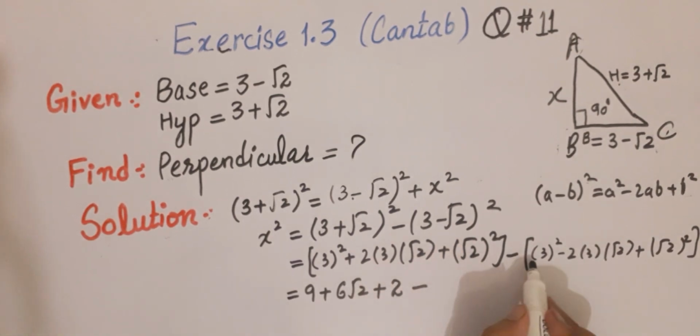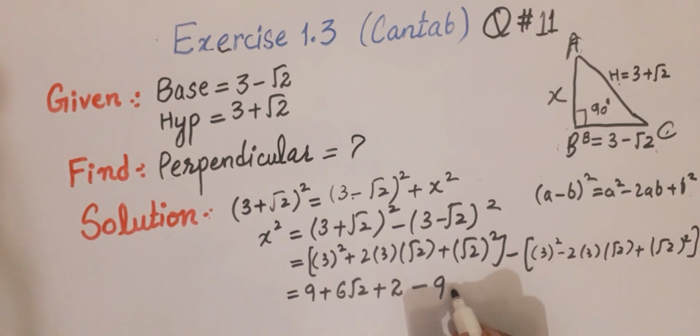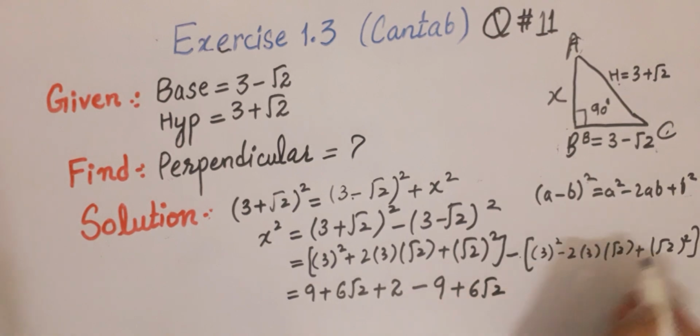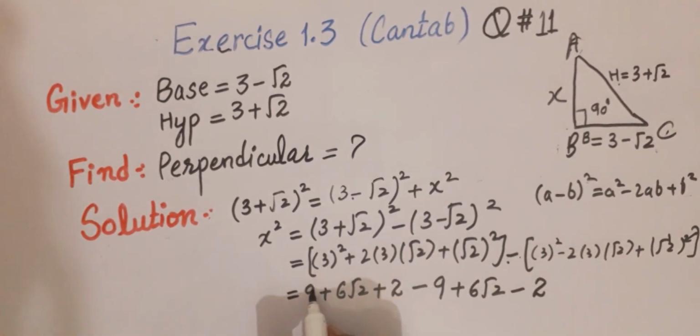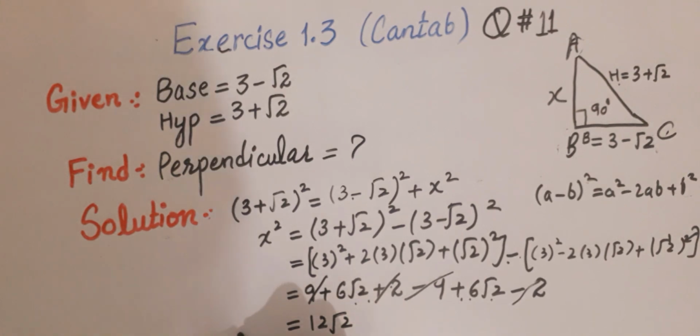Now minus 9, minus minus is plus 6 square root 2, and this minus will multiply by this plus, we have minus 2. So plus 9 and minus 9 will be cancelled, and plus 2 and minus 2 will be cancelled. We have 6 square root 2 plus 6 square root 2, which is equal to 12 square root of 2. This is the value of x square.